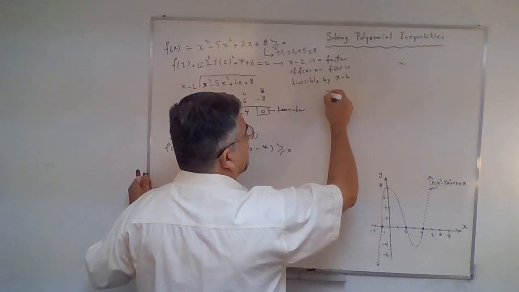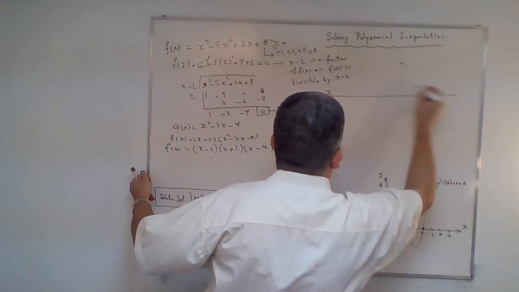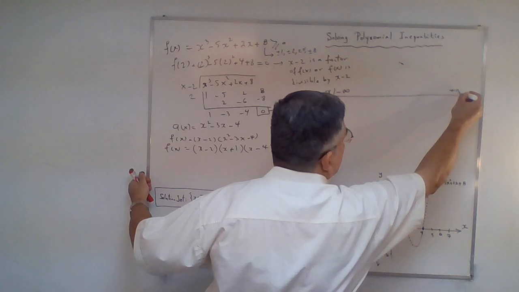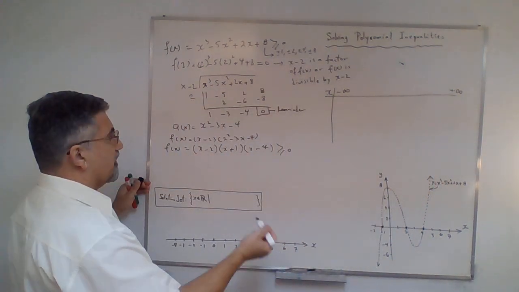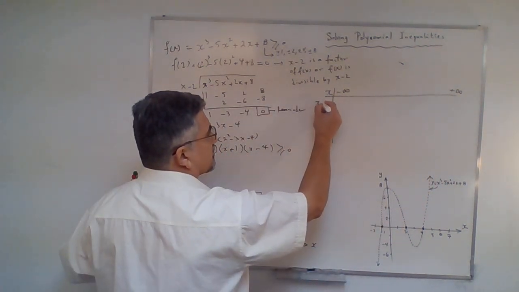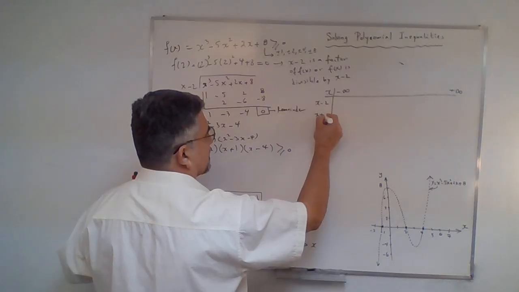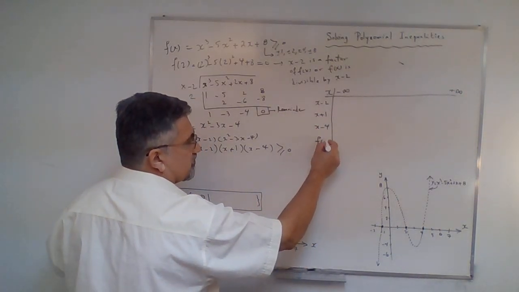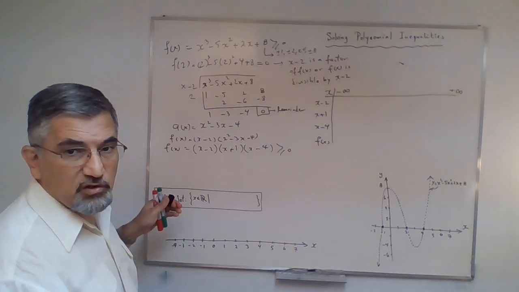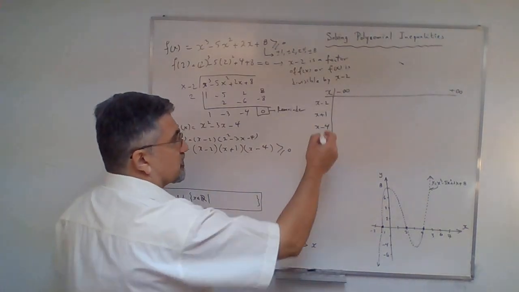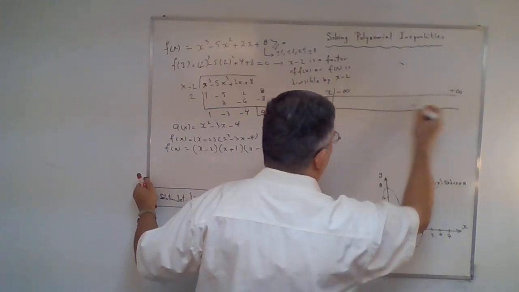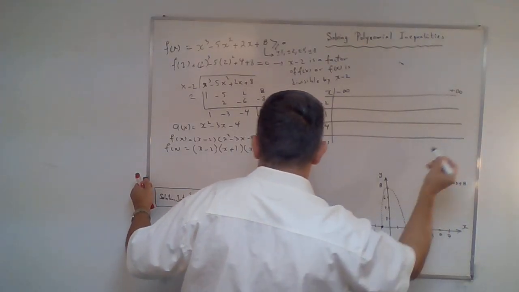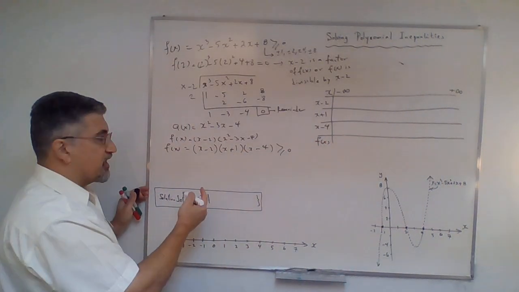So we have x, of course, from negative infinity up to positive infinity. The factors we have are x minus 2, x plus 1, x minus 4, and the last row is f of x, which is the product of these factors. So we have all these rows in our chart, and we are going to find the roots of each factor.